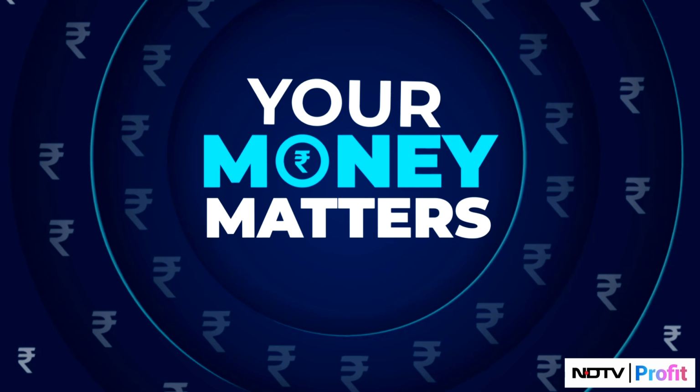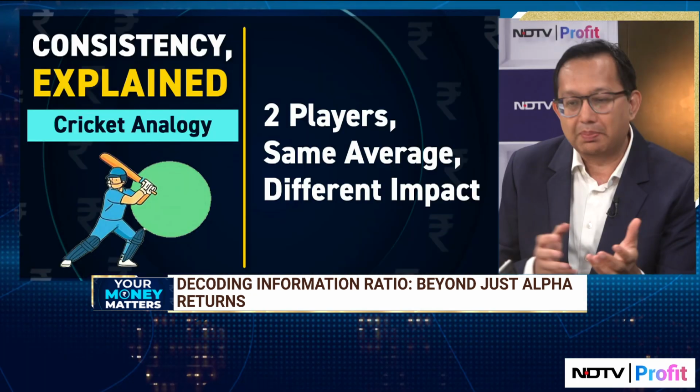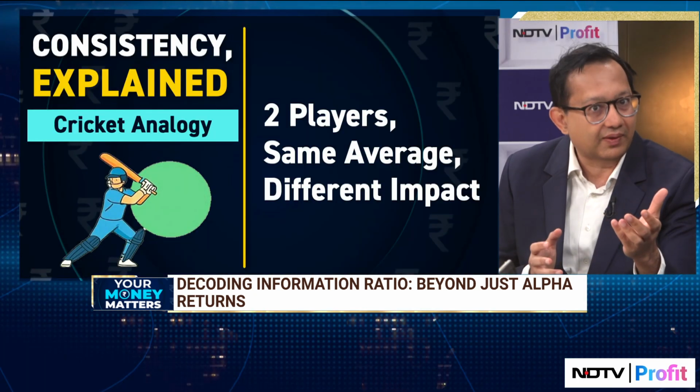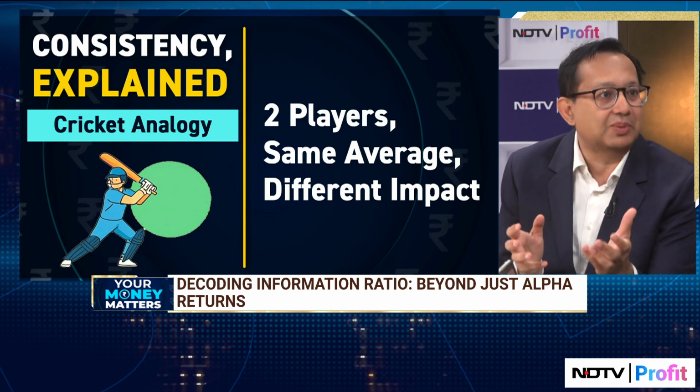So it's exactly the same average, but how that average has been achieved is via very different routes. And that's what often happens with investors: you love the player who scores a century, the fund which is the best performing, you put money in it, and if that fund goes through a bad cycle, which goes to a zero run, often people want to exit that fund. So while the average of the fund is still good, because of that volatility of performance, most investors have a bad experience with the fund.